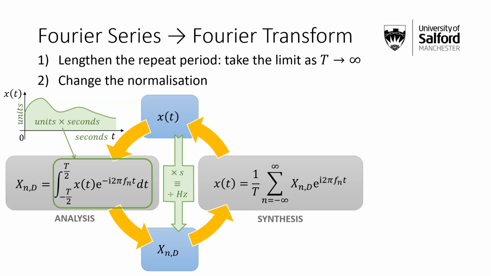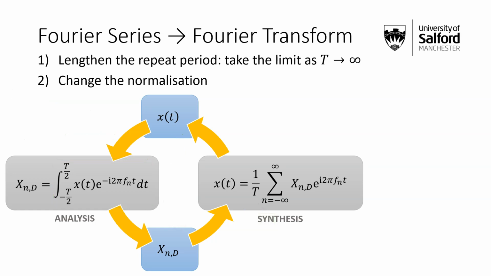The integral is the area under the graph, which is giving us xn,d, so that has the same units as x of t, the signal times seconds. Going back through the synthesis integral, well, xn,d has the units of x times seconds, but then we've got a 1 over seconds arriving from the 1 over t, so it all sorts itself out. Okay, so far, nothing very exciting going on.